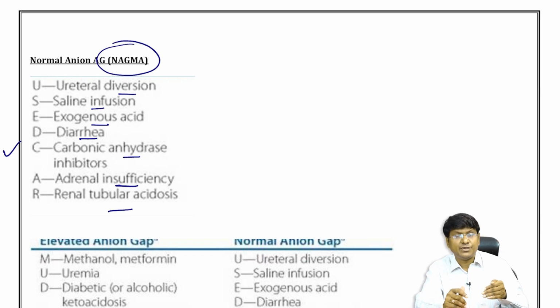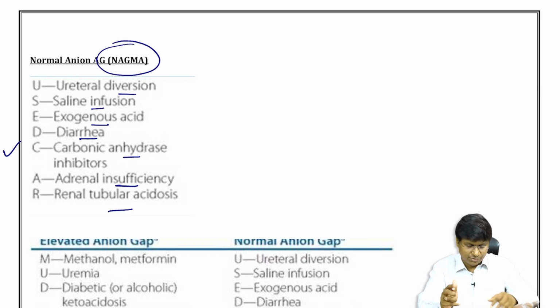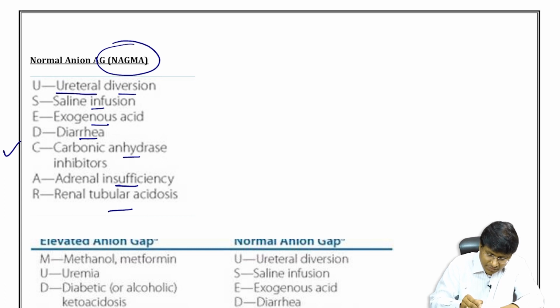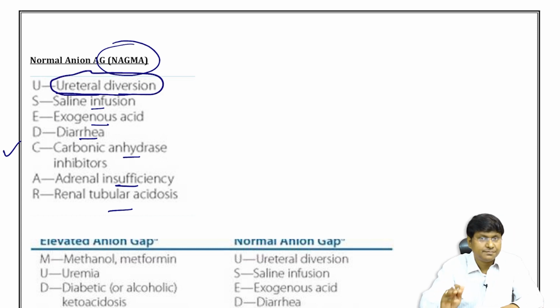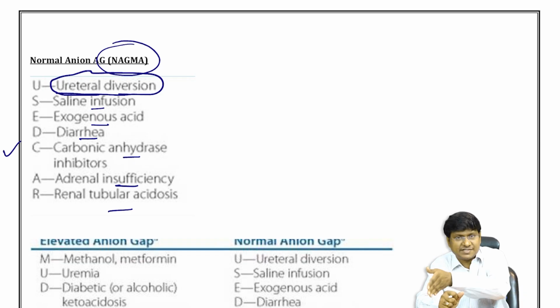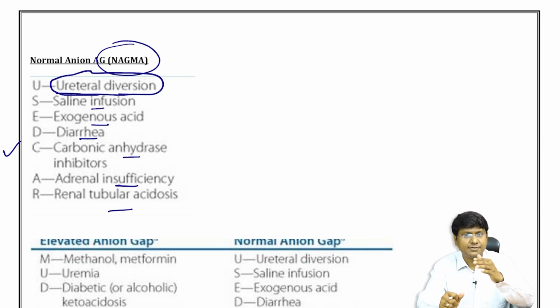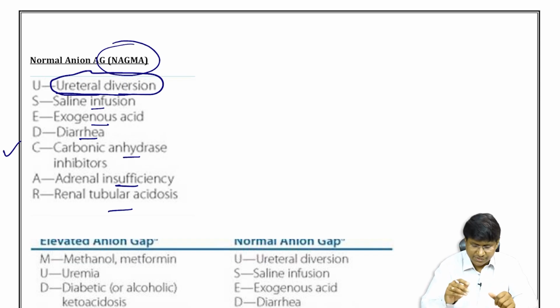These are all the conditions where you will have normal anion gap metabolic acidosis. So you see this ureteral diversion, that is uretero-ostomy, you have the presence of the normal anion gap metabolic acidosis.